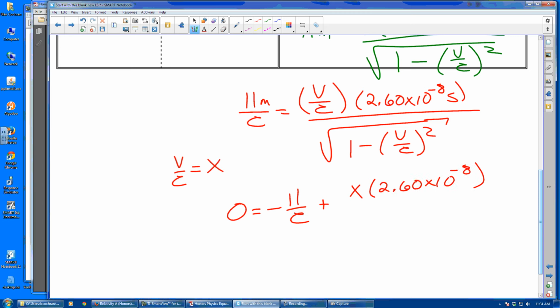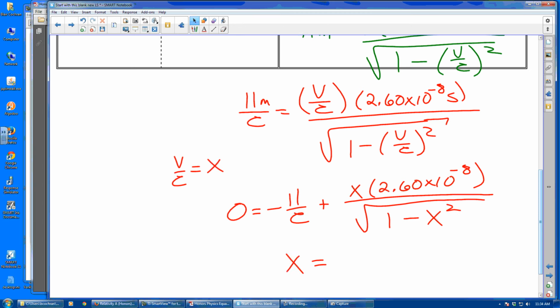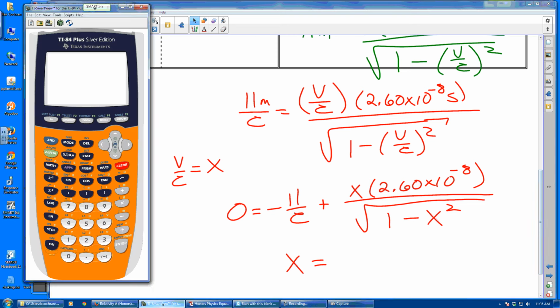Notice I'm dropping out all my units. Over the square root of 1 minus X squared. And I'm looking for X. Want to make sure you followed what I did.